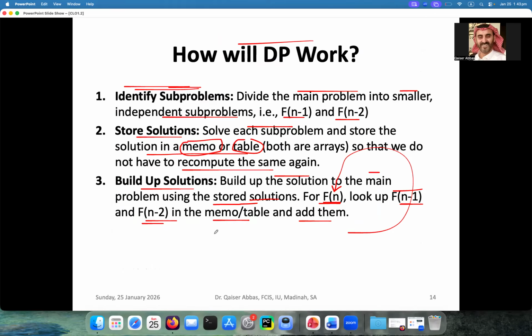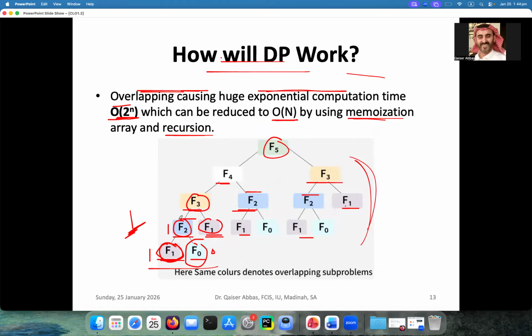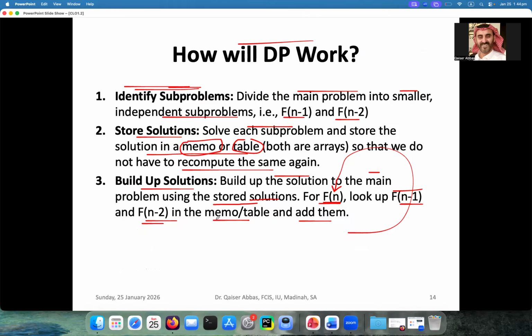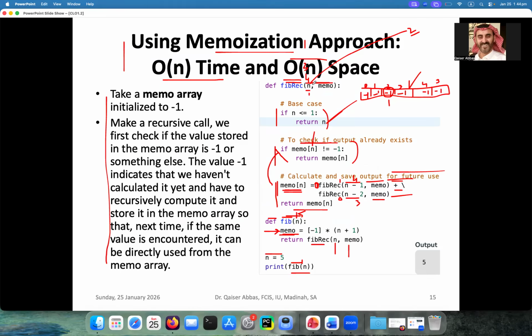For example, now here, what is the call? F2 is calculated, which is 1. Understood? Now, for F1. And this was the call for when n is equal to 3, for F3. When n is equal to 3 for F3, at that time, F2 was a subproblem and F1 was a subproblem. For F3, okay, now take this as an example.